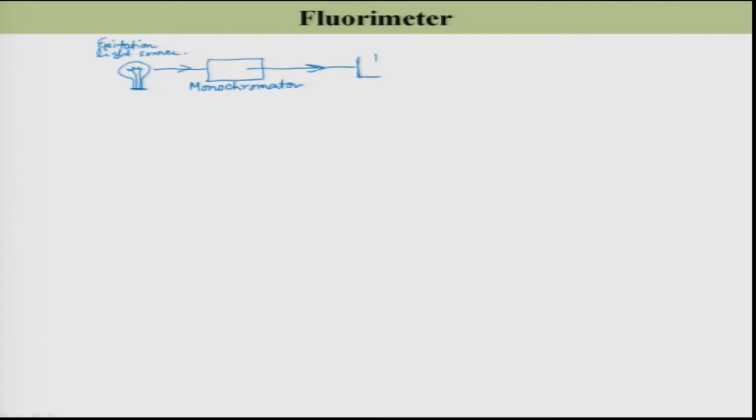and you excite your sample. Here is your sample. Upon excitation the molecule will go to the excited state. Some light will be used to excite, and some will pass through, so you need to block this residual excitation light by a metal block or something like this.